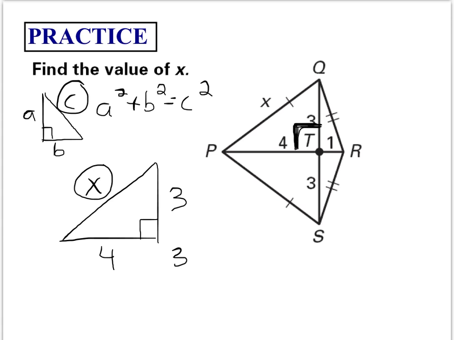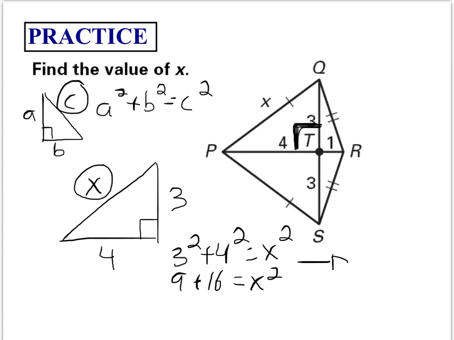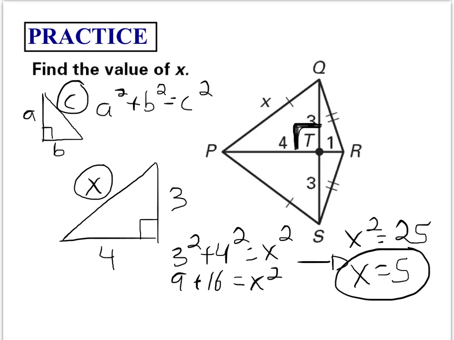So we have 3 squared plus 4 squared equals x squared. So we'll have 9 plus 16 equals x squared. We'll have x squared equals 25 and x equals 5. So we have to use the Pythagorean theorem to solve for this.